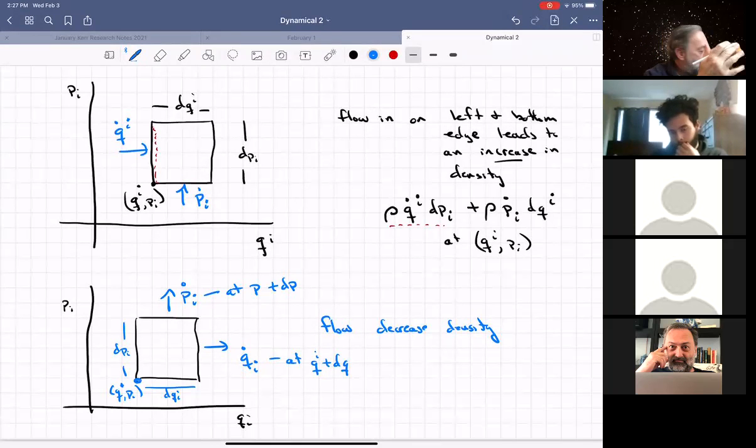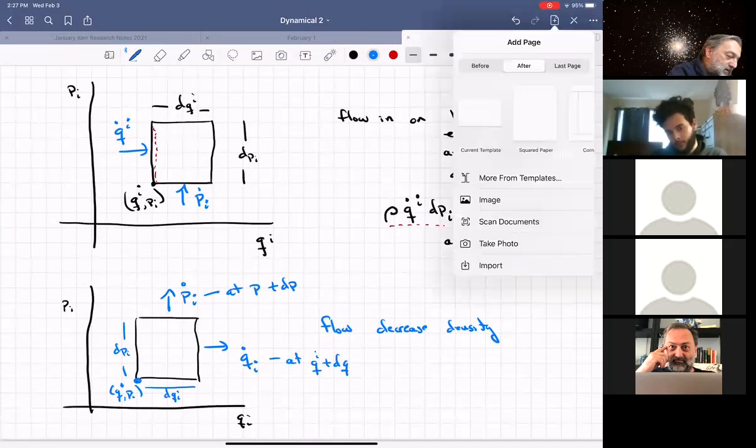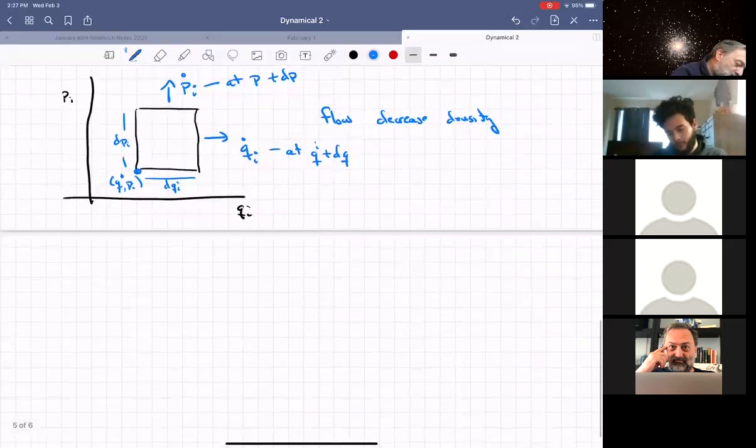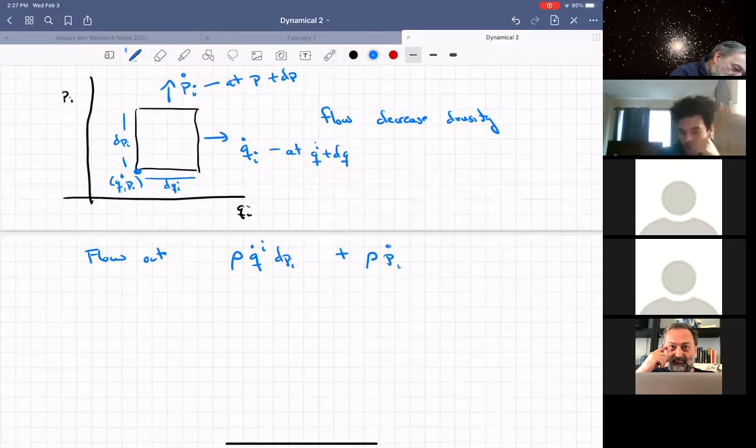And the density rho might be different at a little bit of distance away. Flow might be a little bit different at a little distance away. So the flow out is going to have the same form. It's going to be rho q dot i dpi plus rho p dot i dqi. But this whole thing here is happening at qi plus dqi.